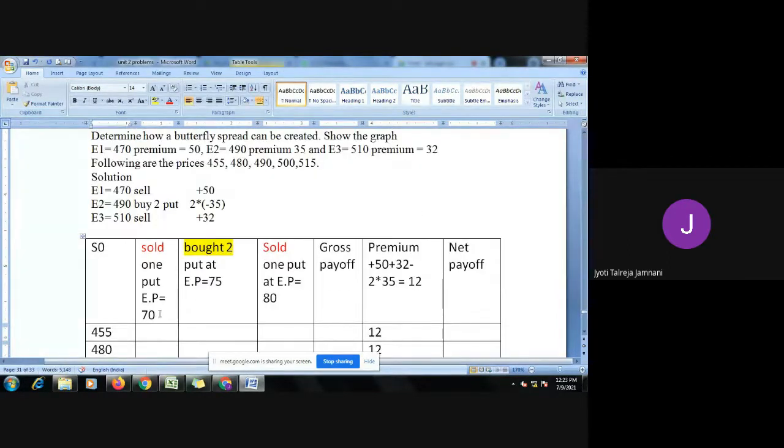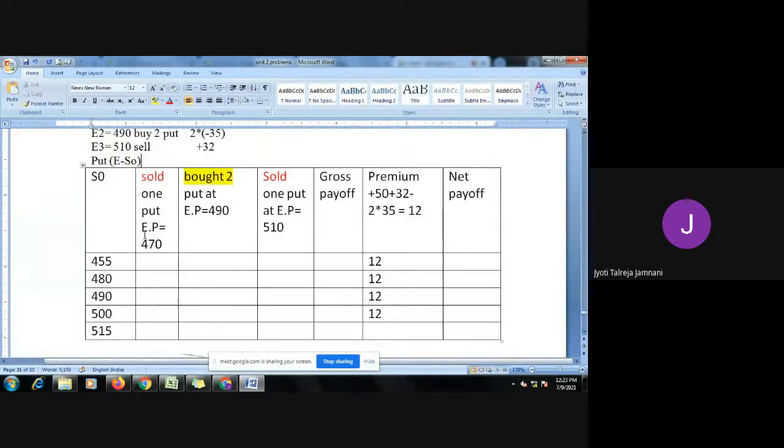We have sold one put option at an exercise price of 470. We have bought two put options at an exercise price of 490 and we have sold one more at an exercise price of 510. Because it is a put option, the intrinsic value formula is exercise price minus spot price, that is E minus S naught. So this is our E, we have to minus it with S naught.